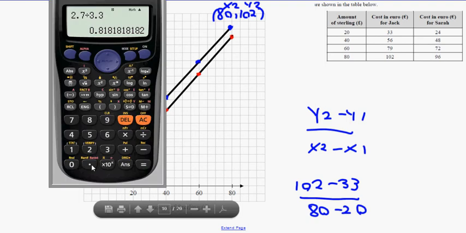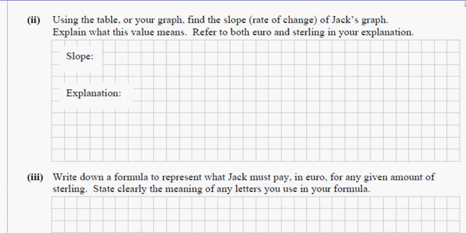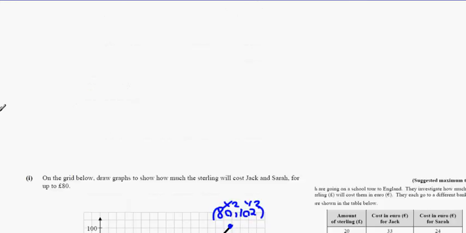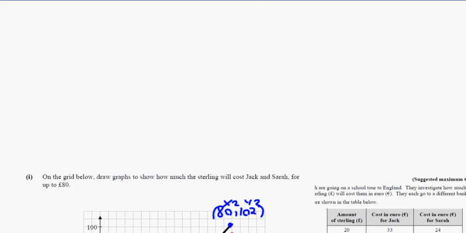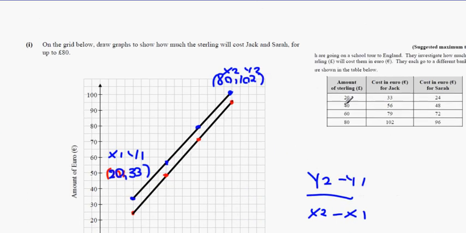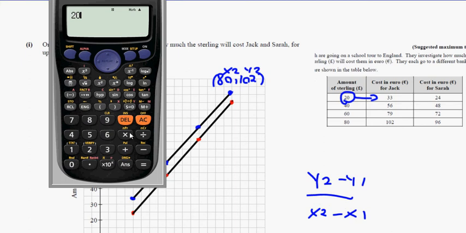So 102 minus 33, divided by 60, and what we get is 1.15. Slope equals 1.15. Now, when looking at your graph, please remember that you get more euro for sterling. So sterling gives you this much euro.